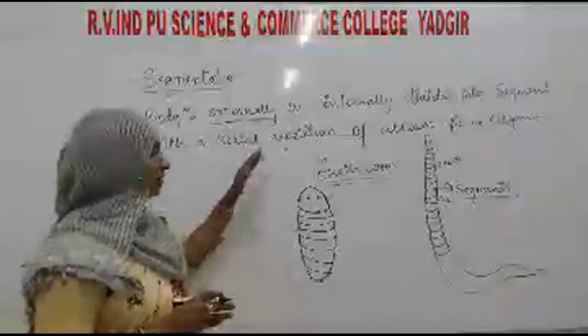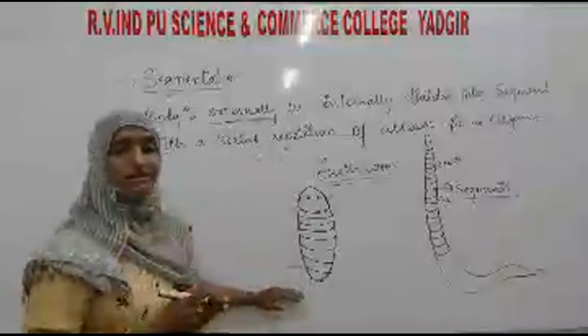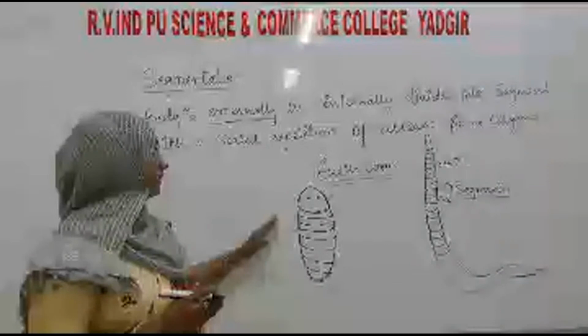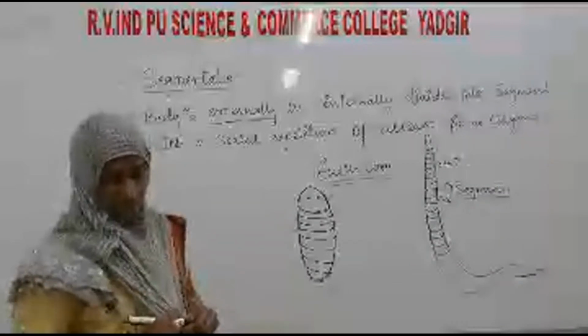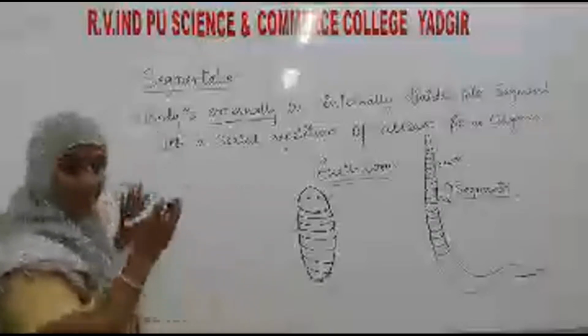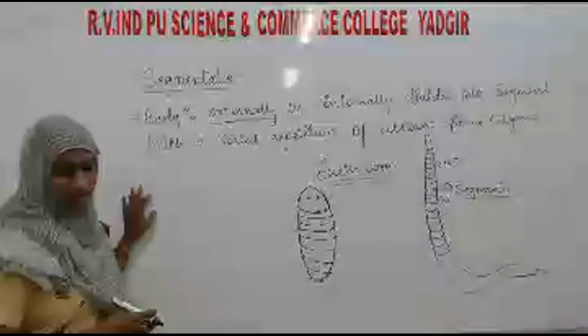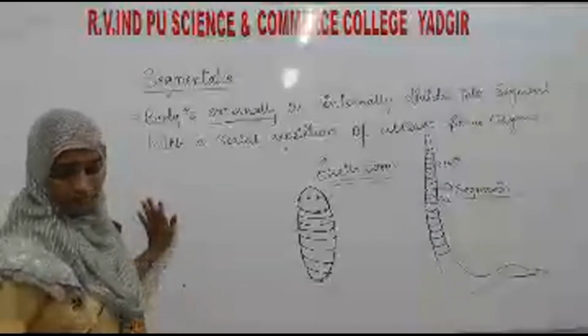This repetition of segments present in the animal body is called segmentation. Here the earthworm body shows a particular pattern of segmentation, and that pattern is known as metameric segmentation.